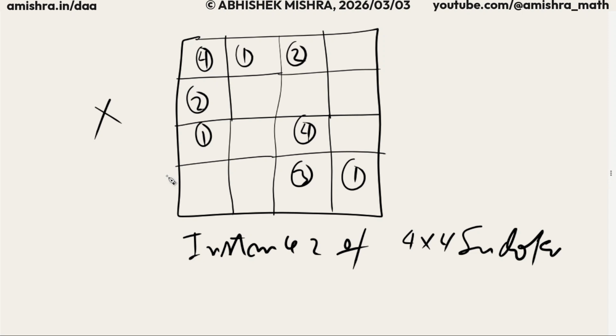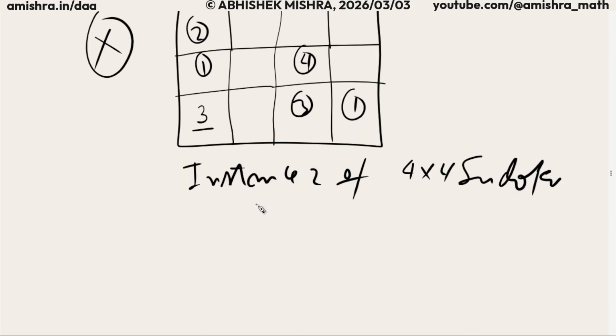Suppose if we write 3 here, now we have a problem. In the last row 3 is repeated. So whatever certificate or solution we make, it will be verified as invalid. So this instance does not have any certificate. This is the reason it is invalid.